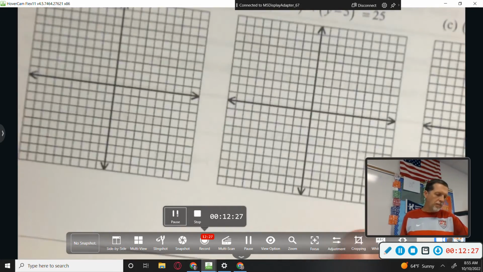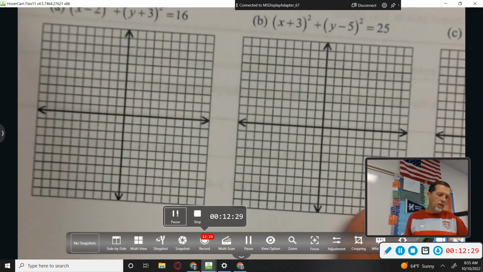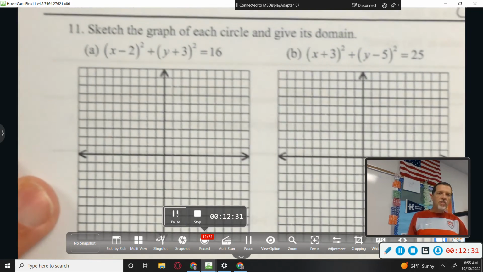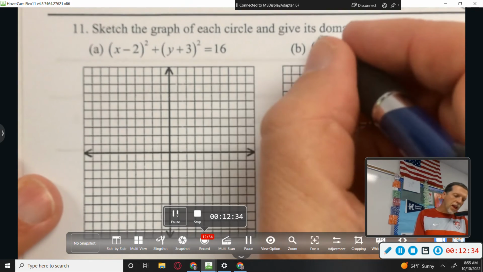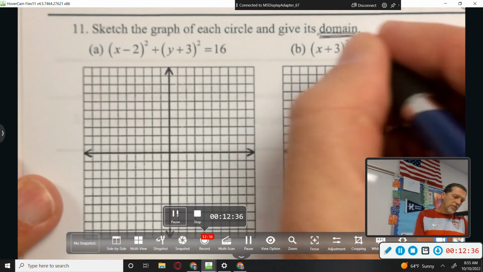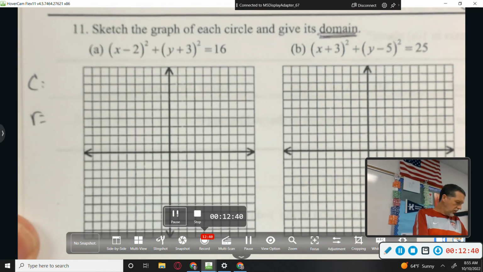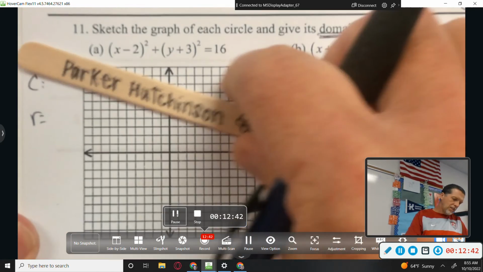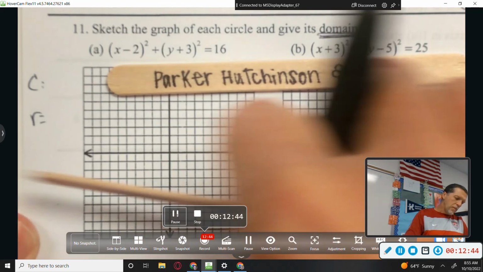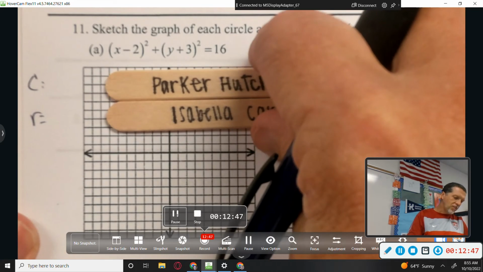Speaking of graphing, let's go to the next one. Number 11. Sketch the graph of each circle and give its domain. So let's not forget to do the domain when we get to the end of this. So I need the center and the radius. I bet Parker can give us the center of that circle.